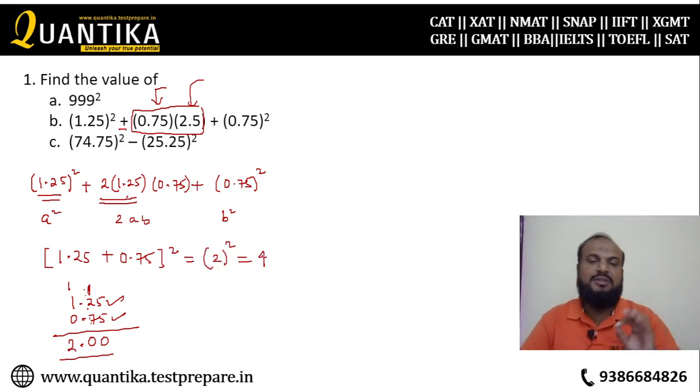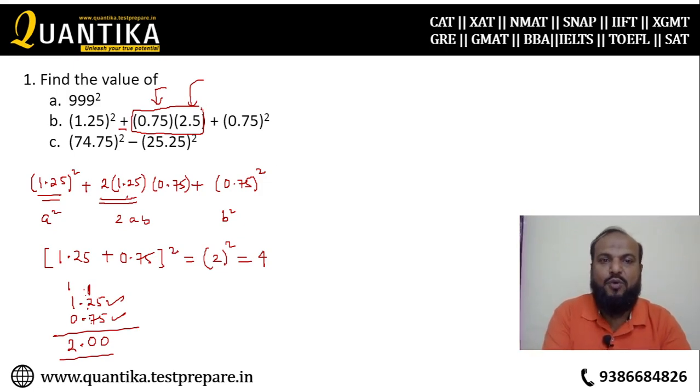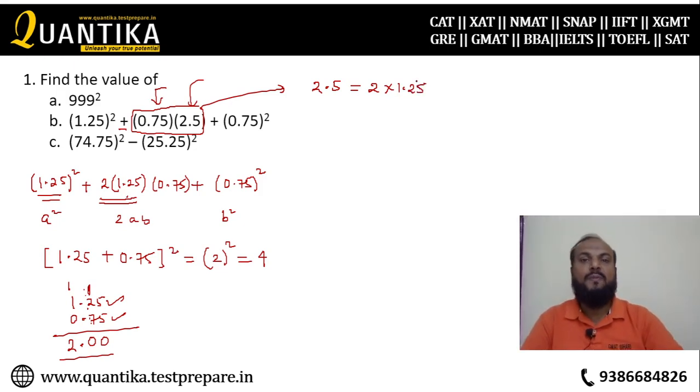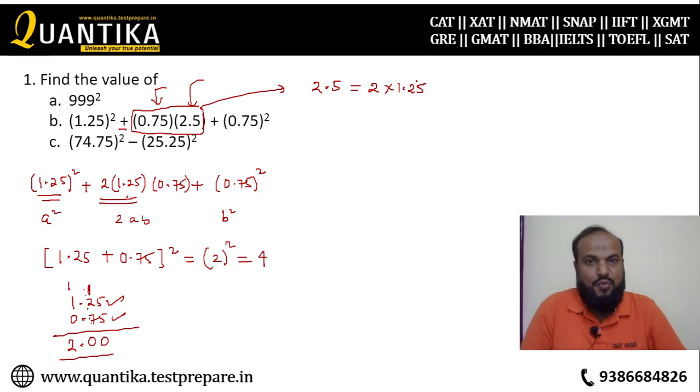The only problem in this question was that you need to understand that the 2.5 which is given here is actually 2 into 1.25. Now the obvious question that you will have in your mind is, sir, how will we know in the exam that we have to solve in this way? The answer is by practicing a lot of questions. This will click in your mind.